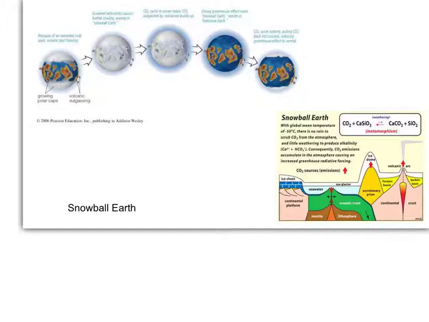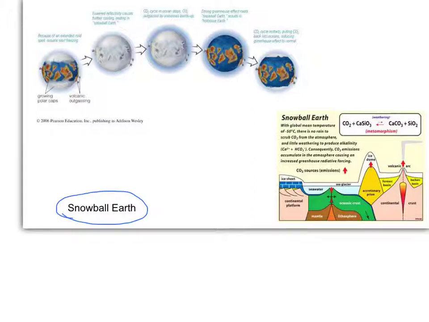In the case of the Earth, we have fairly good evidence for several episodes during Earth's history where planetary temperatures dropped sufficiently for the planet to have close to worldwide glaciation. This hypothesis is known as Snowball Earth.